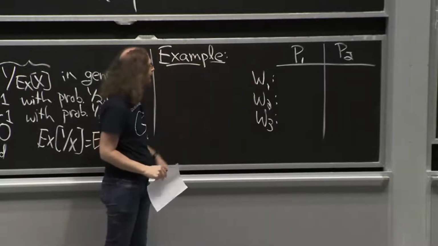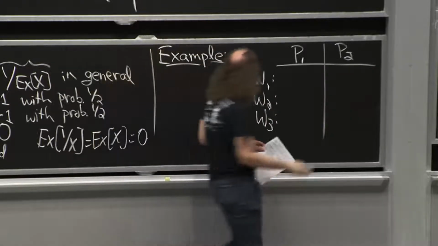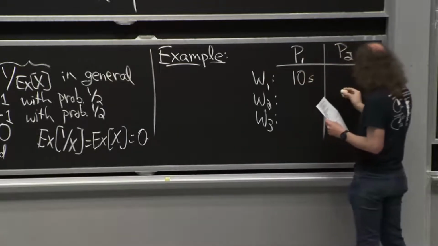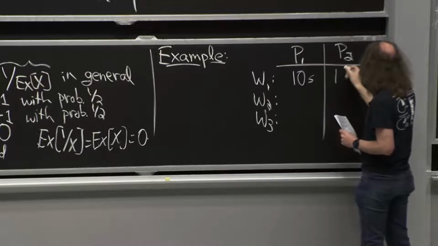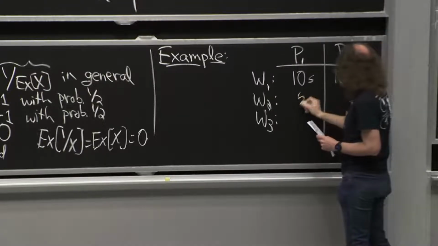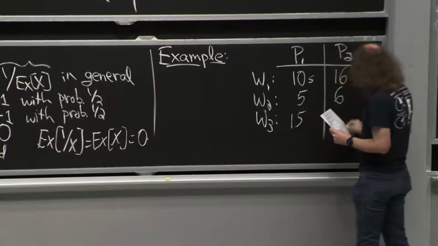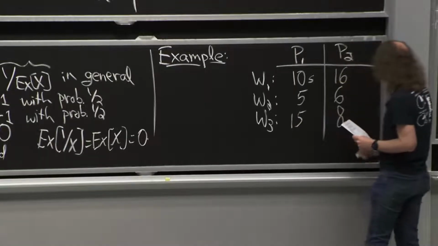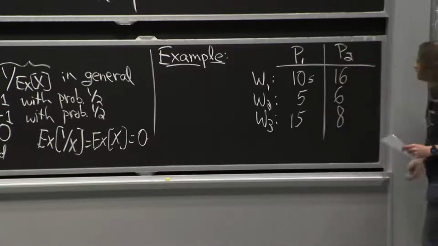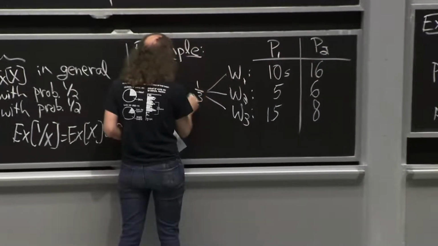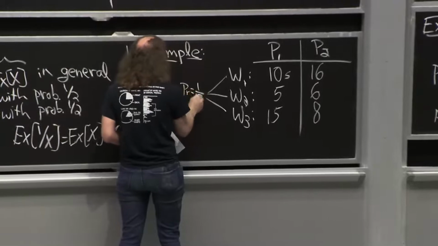These were like benchmarks that they could evaluate them on. And processor 1 on workload 1 took 10 seconds to complete. Processor 2 took 16 seconds, and so on. There's a table here. You run each of these processors for each of these workloads, and you see what you get. Let's say these are each equally likely, 1/3 probability of occurring.